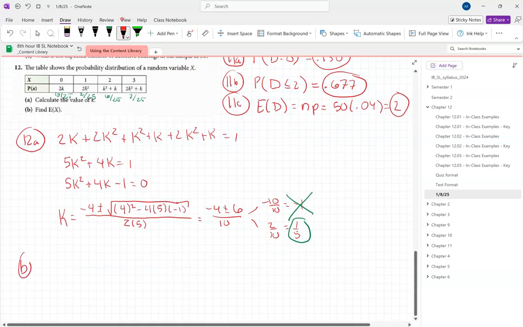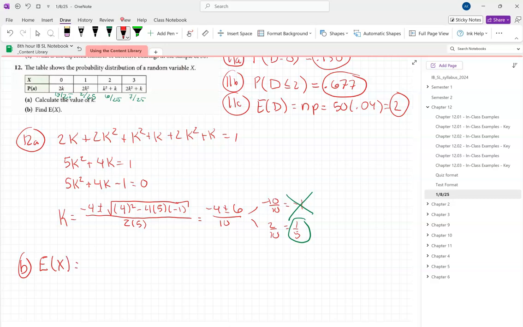Part B says find the expected value for x. So that's going to be, I get a 0 10 times out of 25. I get a 1 2 times out of 25. I get a 2 6 times out of 25.